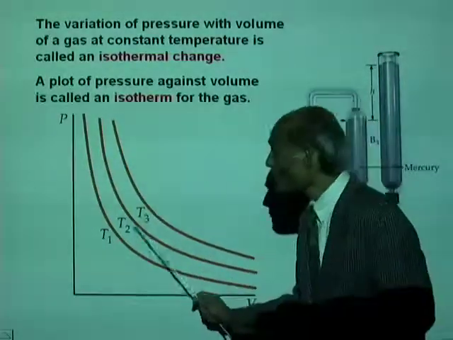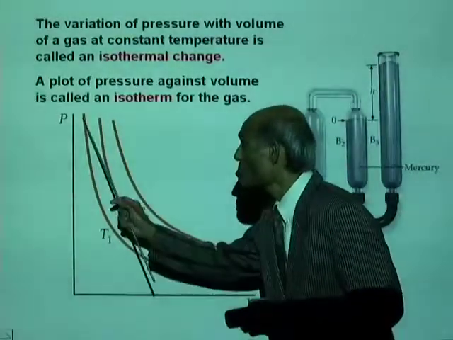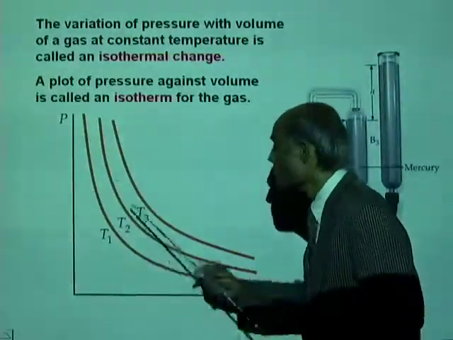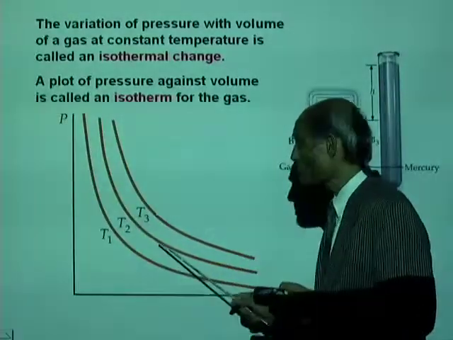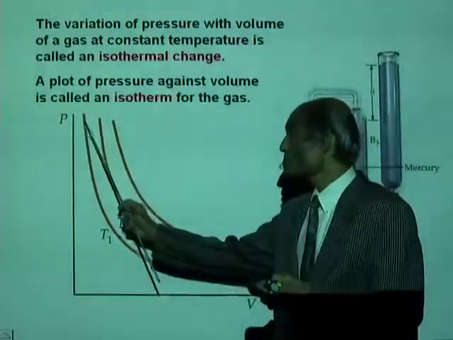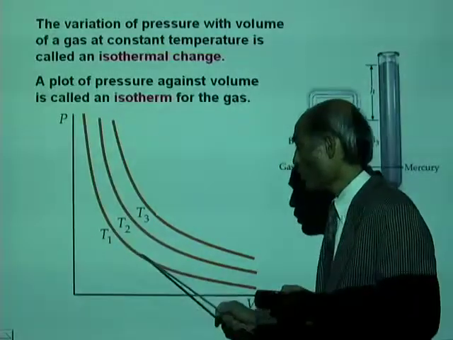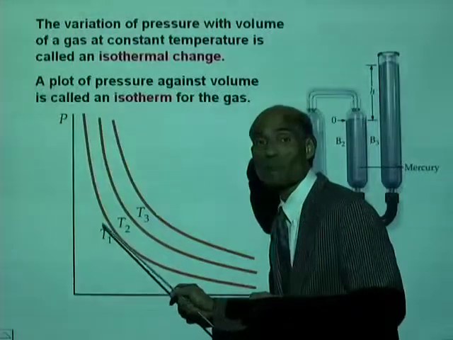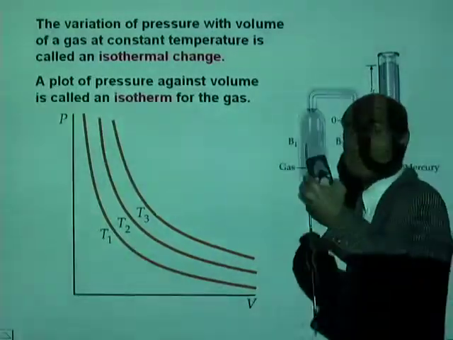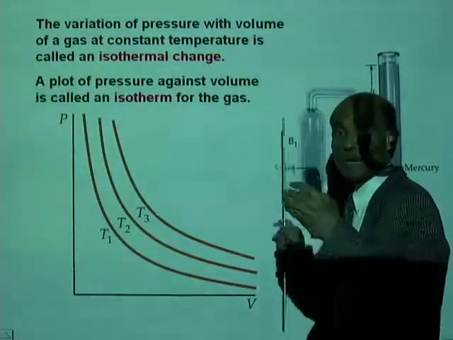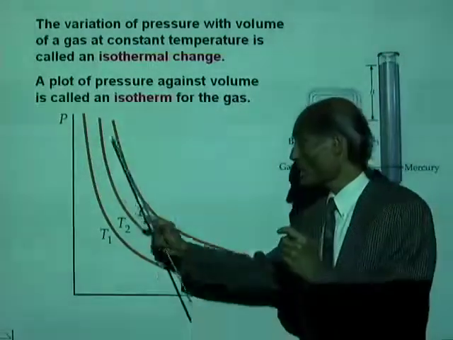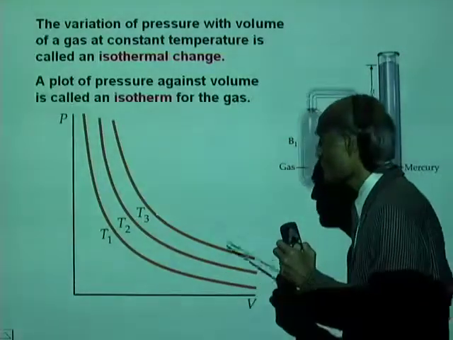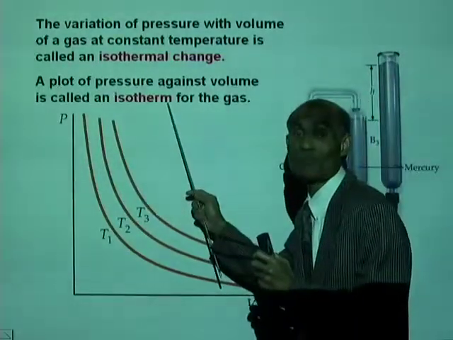You can see for a particular temperature, as volume increases, P will decrease. Pressure is inversely proportional to volume. So this is the isotherm for that gas at the temperature T1. And now if you increase the temperature to T2 and keep that temperature a constant while you study the pressure and volume, you get a different curve, a different isotherm.